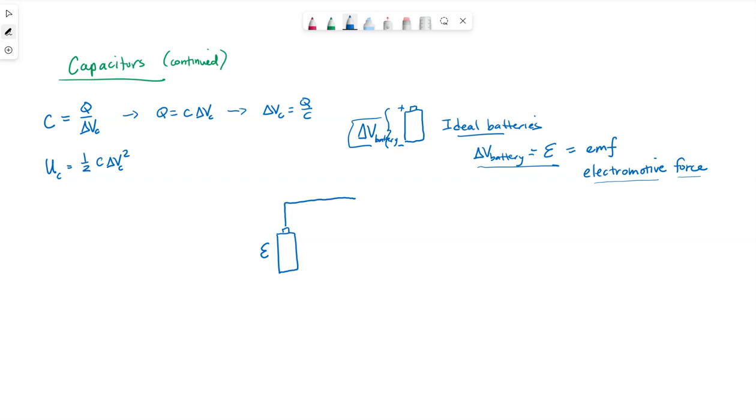I don't know that it's technically epsilon, it just looks like it. So that's what I'm going to call it right now. A capacitor in a circuit we draw as if it were a parallel plate capacitor. Okay, so we connect a battery to a capacitor.